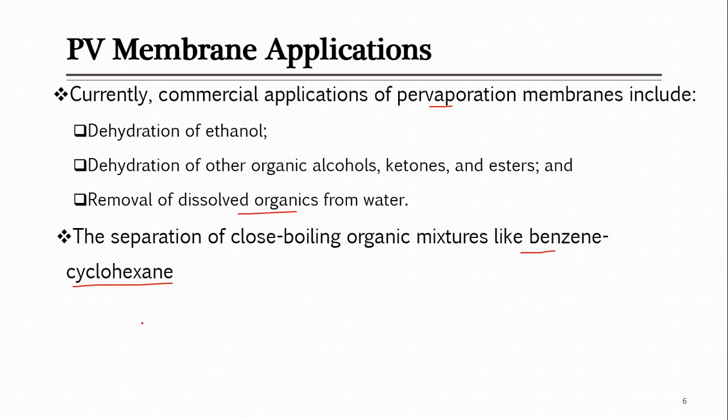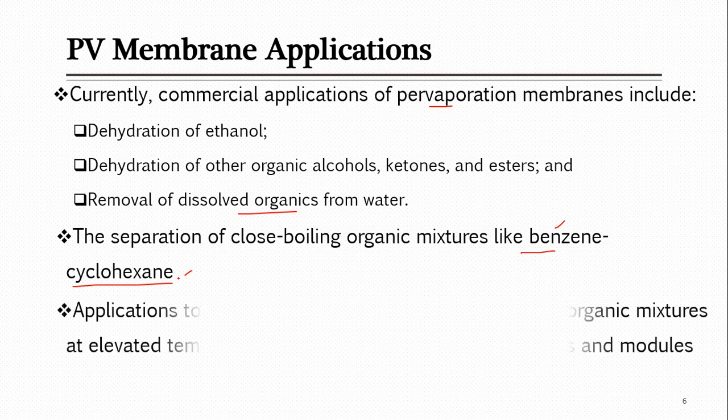For example, benzene and cyclohexane are close to each other, their molecular diameters are close, and their boiling points are close to each other. In this case you can't go for distillation, so it's better to look for another technique, and among others membrane separation is good. So you can separate this mixture of benzene and cyclohexane by using these membranes.